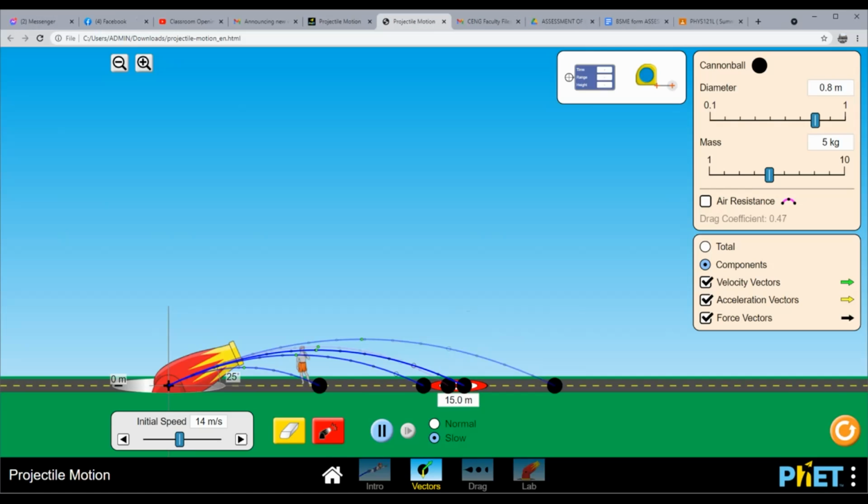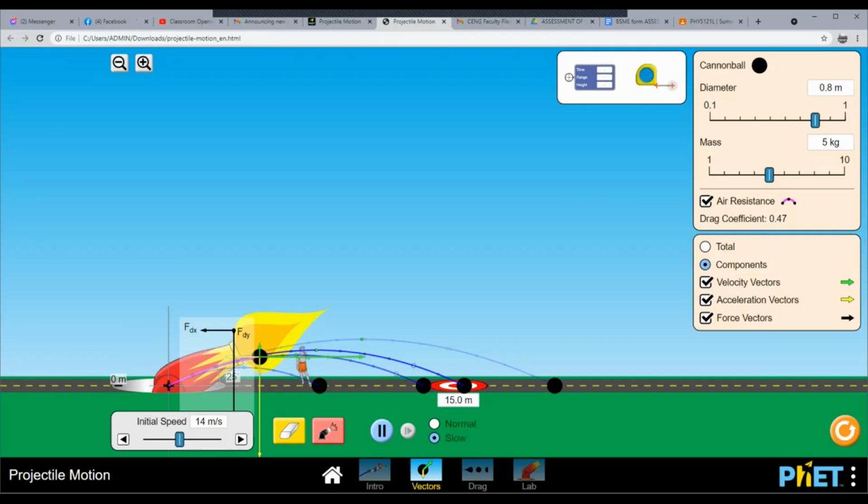Pero pag meron siyang air resistance, okay, let us maintain the 14 meter per second kasi sabi natin kanina, without air resistance, we can hit the target at 15 meters. But with air resistance, let us say, the same initial speed, what happens now with the air resistance?